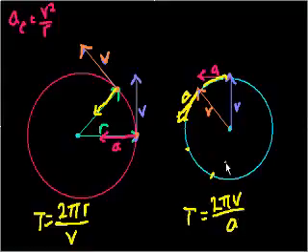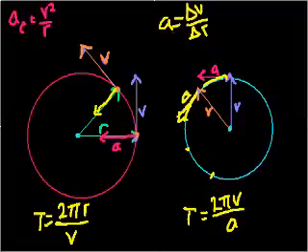And if this doesn't make complete sense, just remember, acceleration is change in velocity over change in time. And I'm glossing over a little bit, because you might say, oh well, the net change in velocity is 0, but we're actually more concerned about what's the total change in the velocity.